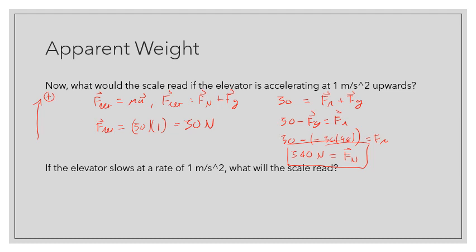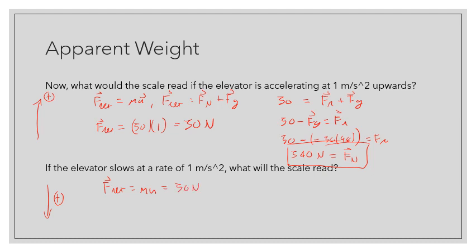So if the elevator slows down at a rate of 1 meter per second squared, what will the scale read? For this, we can make the positive reference frame downwards. So F net is equal to ma, which is still equal to 50 newtons.